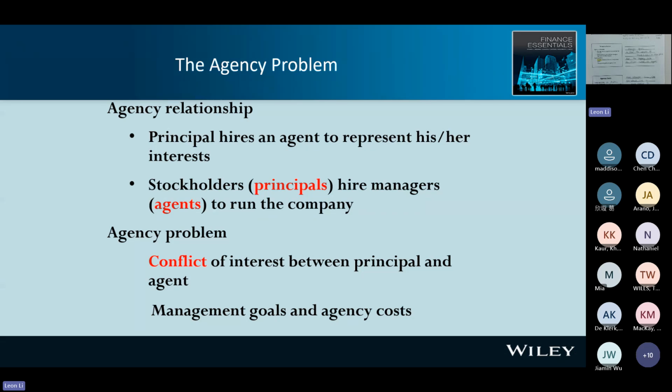I want to sell my house at the highest price, as high as possible. All right? But my agent's goal is to sell my house as early as possible. So he wants to sell my house at a lower price because it's easy to sell. Then you can see the conflict between owner and agent.